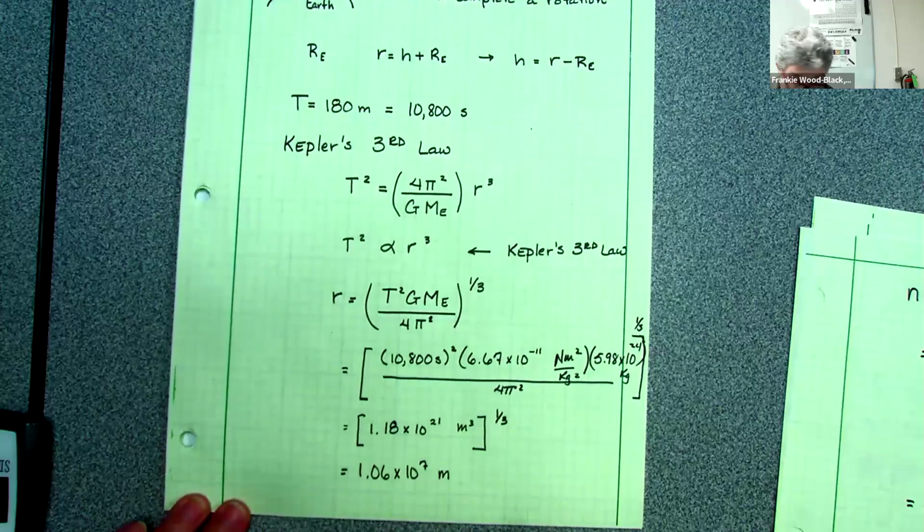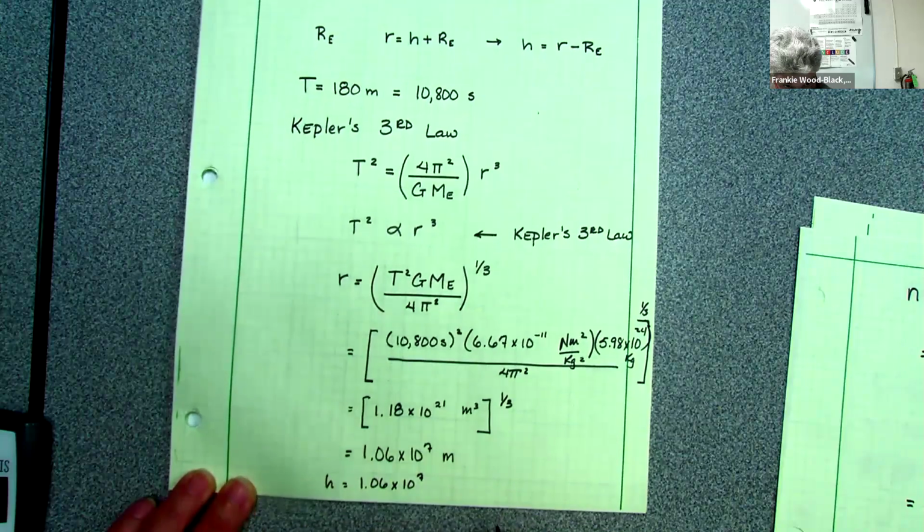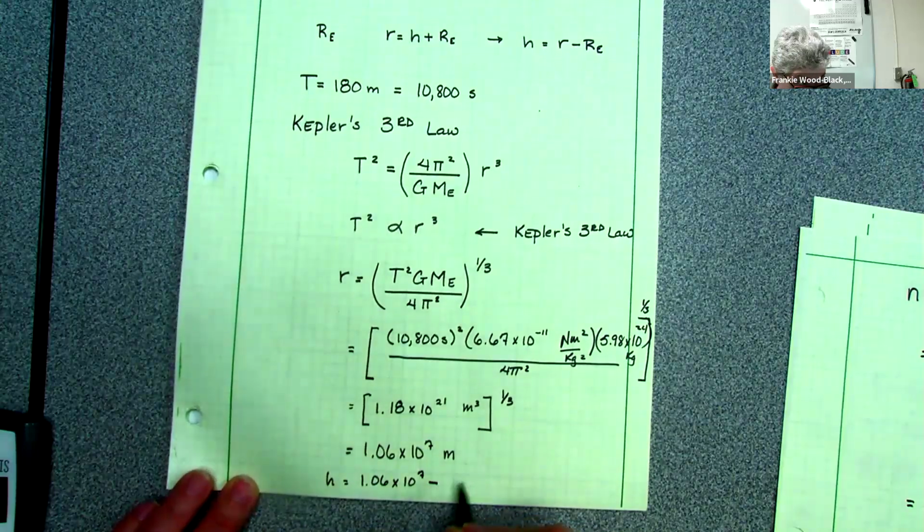But we've got to subtract off the radius of the Earth. And the radius of the Earth is 6.38 times 10 to the 6 meters.